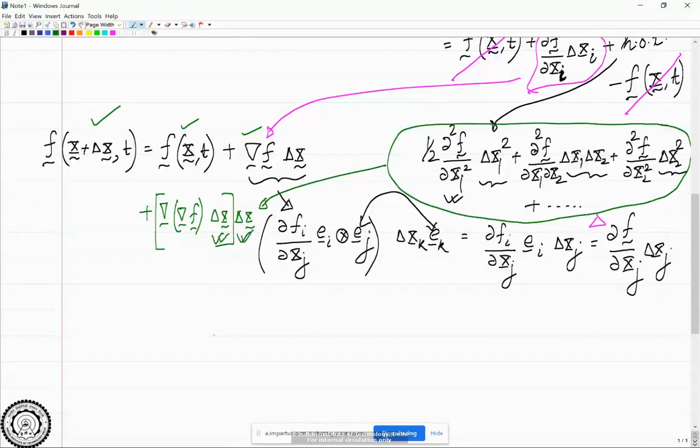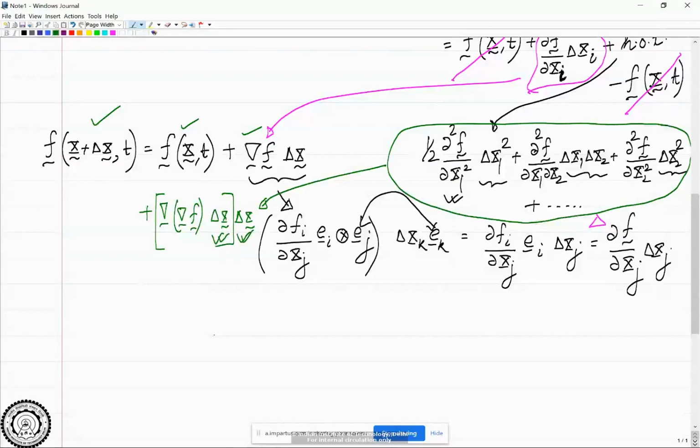If there were only one delta capital X, it becomes proportional to magnitude of delta capital X. But because there are two of them, it becomes proportional to magnitude of delta capital X square. And likewise, you have more terms in the Taylor series.